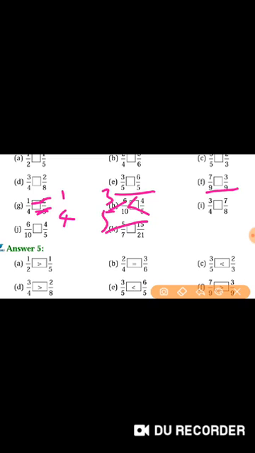Here also we can make it as 3 by 4, 7 by 8 by multiplying. I'll show how it is. The LCM of 4 and 8 is 8.